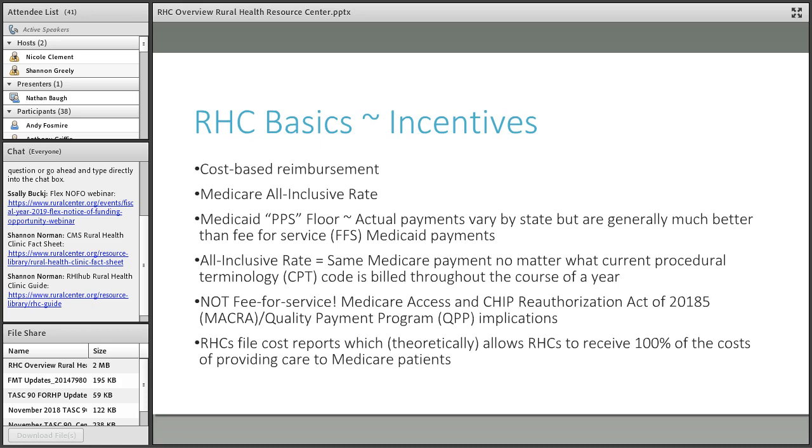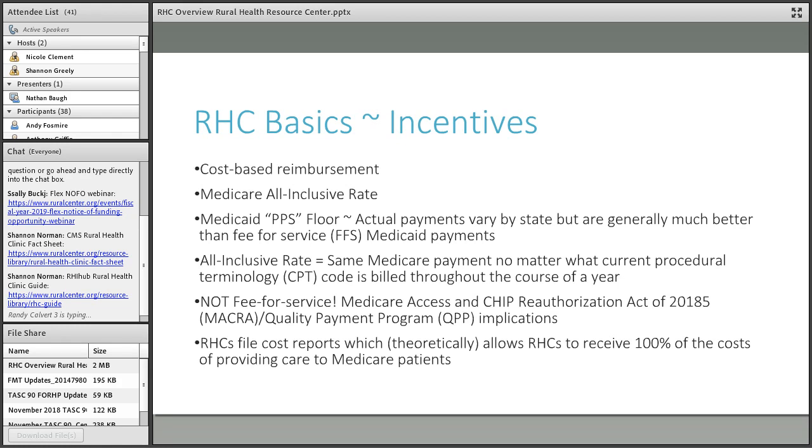But I'm pretty sure that for FQHCs, it's not really an option for a CAH to open one. It's an option for a CAH to open an RHC, though, because we are allowed to be for-profit, and it can be nonprofit. It doesn't have to be, but FQHCs have to be governed by a board of directors and things like that. So we don't have some of those requirements. And like I said, it can be owned by the hospital or the physician themselves.